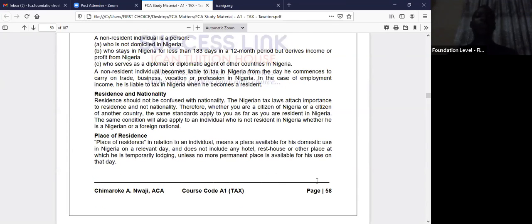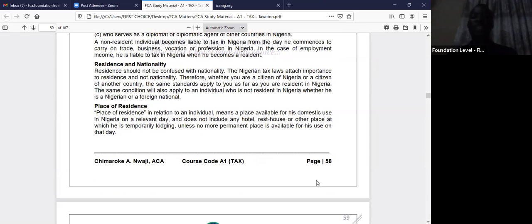let's look at what we call place of residence. What is a place of residence? A place of residence is where is available for your domestic use. When we say domestic use, it means where you practically live.